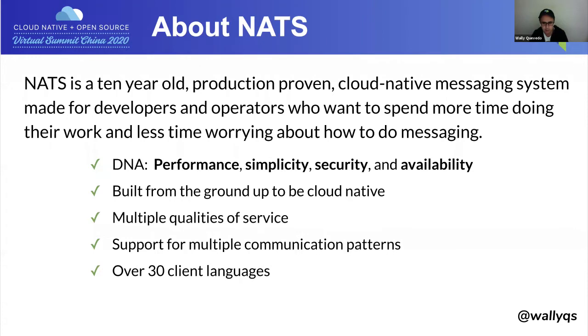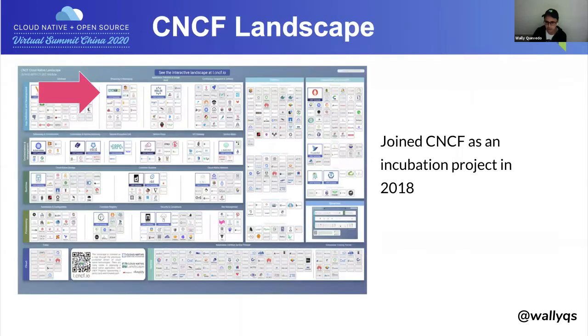It has multiple qualities of service, with at most once delivery and at least once delivery. Thanks to the simple protocol, it has multiple client implementations, and it supports multiple communication patterns.